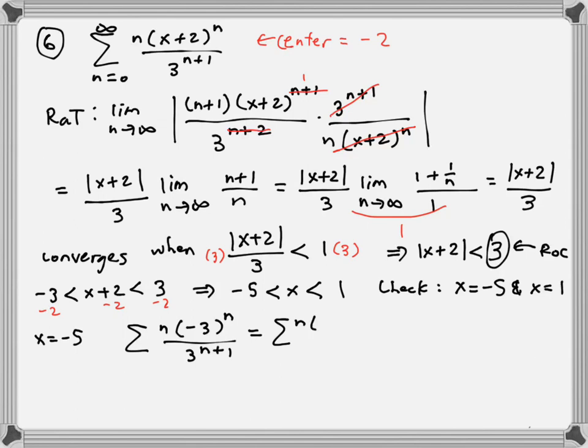So let me show you how I would separate this. Here's what I would write. You can break it off like this, and then the 3's cancel. So this is our series.